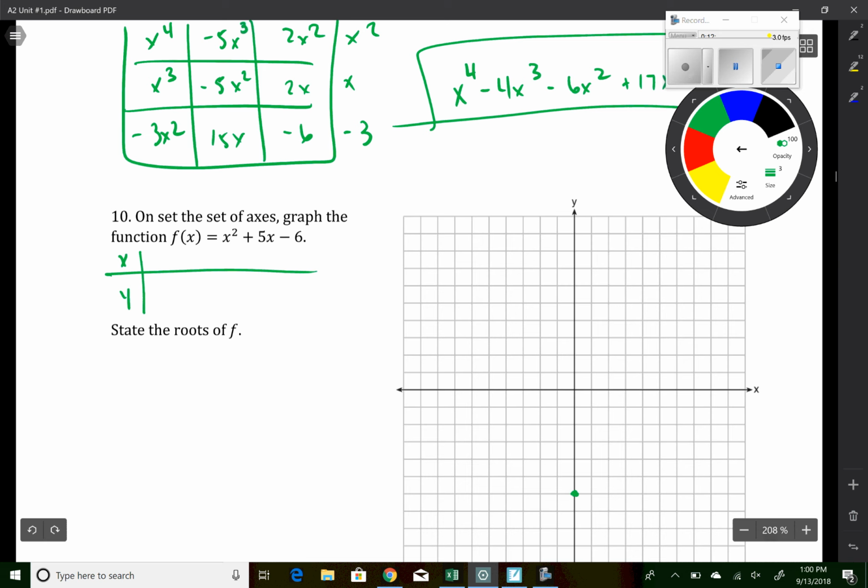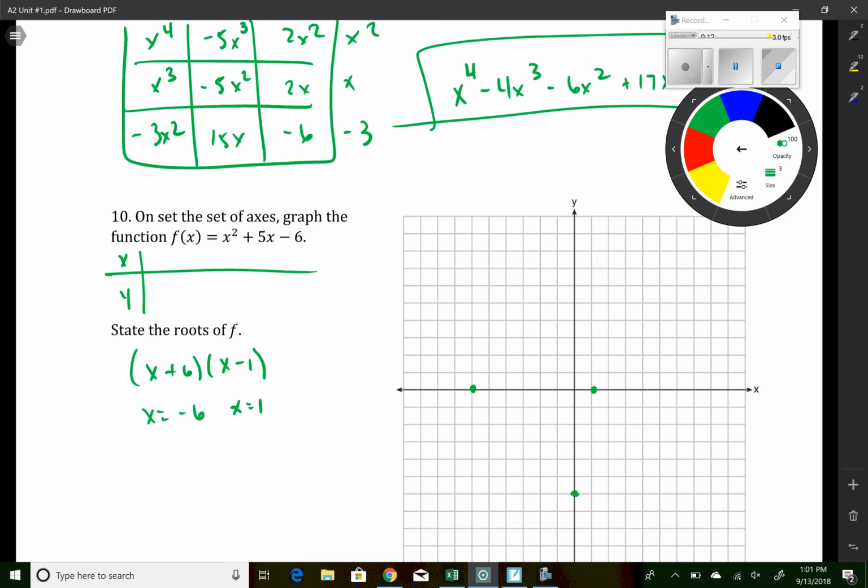I know that not just by plugging in 0, but because of what we talked about in today's lesson. I can also say x plus 6, x minus 1. That gives me solutions of negative 6 and positive 1. But all of these points we can get right on the table of values on our calculator.